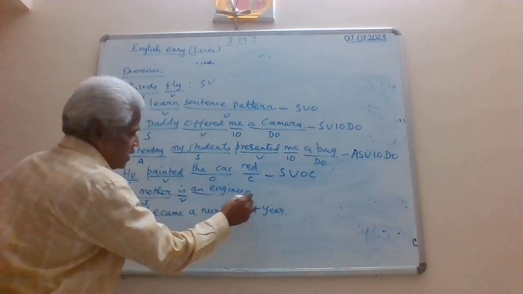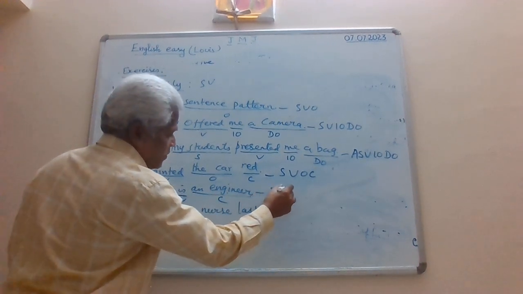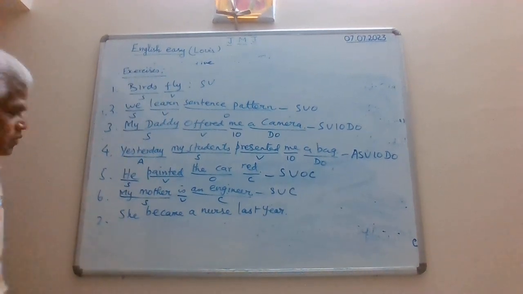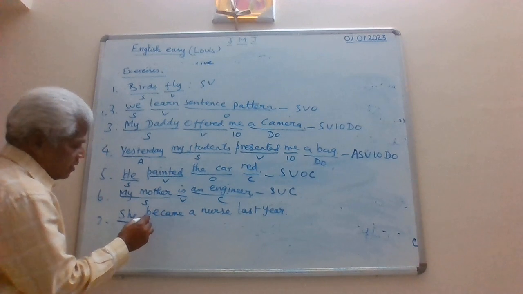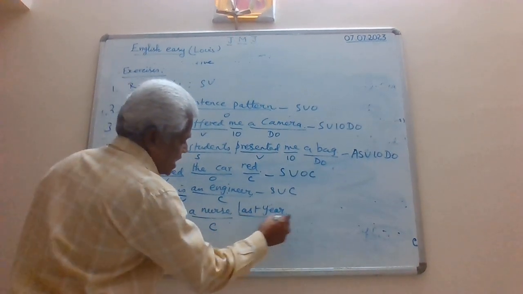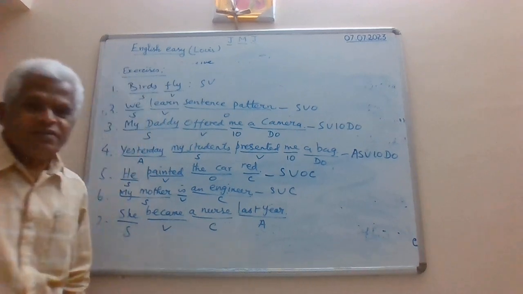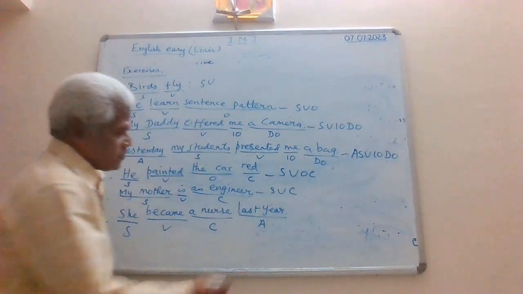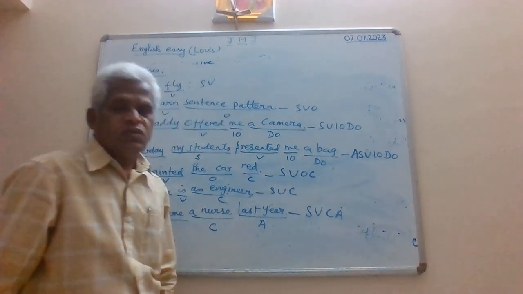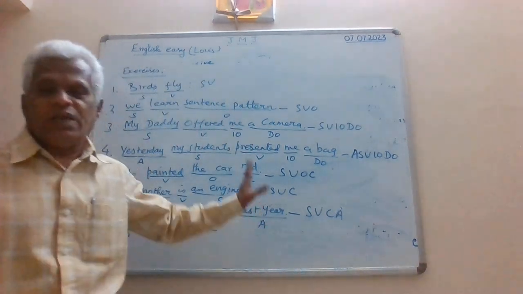Is is the verb. Engineer is a complement. And this is an example for SVC. And the last one there. She is your subject. Became is your verb. Nurse is your complement. Last year is an adjunct. So the pattern of the sentence is SVCA. So more or less I have given examples in all the patterns.